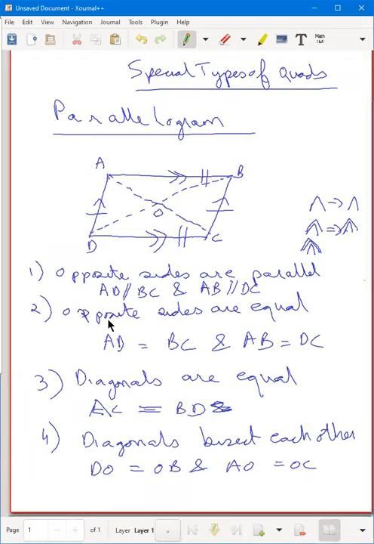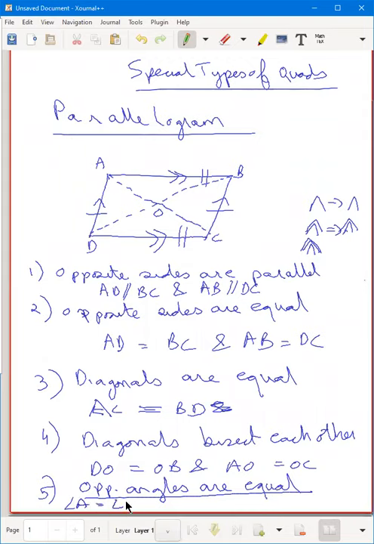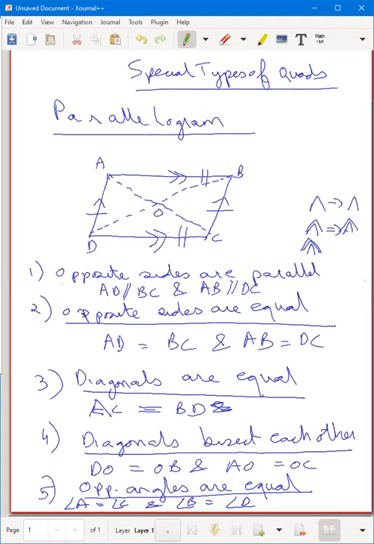We can also add that the opposite angles of a parallelogram are equal. That means angle A is equal to angle C and angle B is equal to angle D. So 5 main properties that we can note down. Opposite angles are equal.